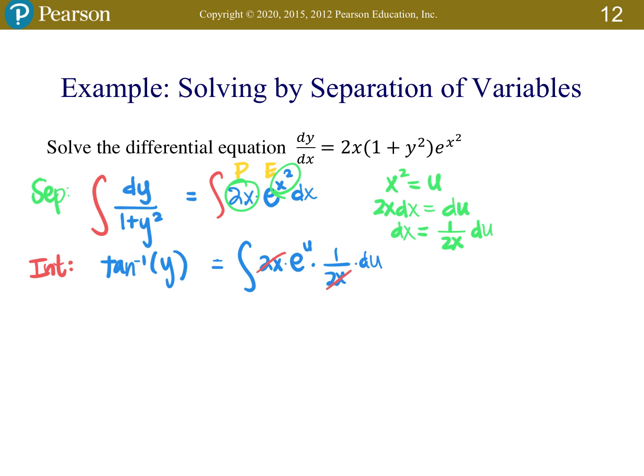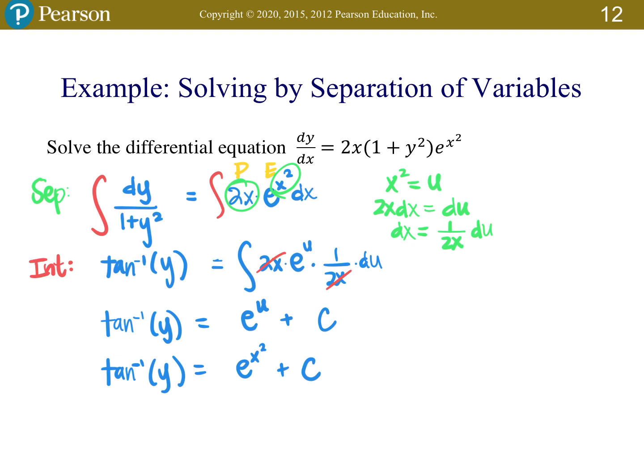So we just have e to the u, which needs an antiderivative. The antiderivative of e to the u is e to the u, plus c. And then change that e to the u back. So the tangent inverse of y is equal to e to the x squared plus c.